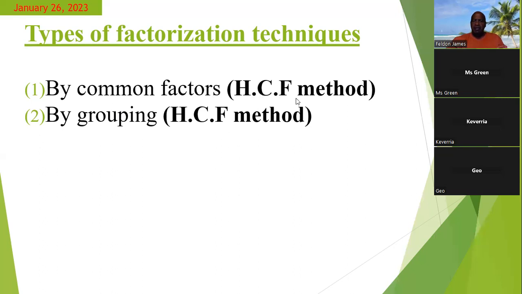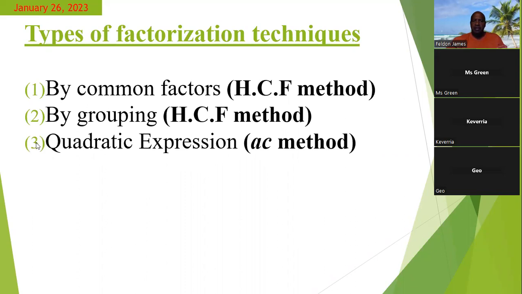It doesn't matter how many terms are in the expression, but once you have common factors only, you search for those common factors, you pull them out, you divide each term in the expression, and you put back whatever you get in the brackets. The grouping method generally applies to 4 terms. So for the 4 terms, you have 2 pairs that have common factors. We look at those.